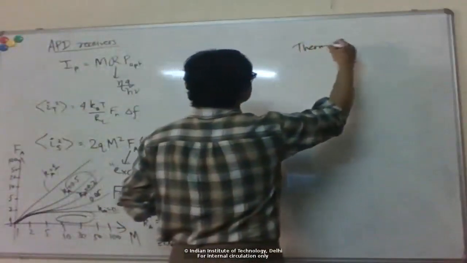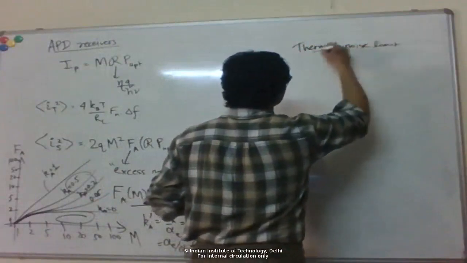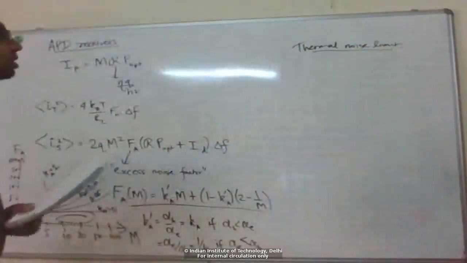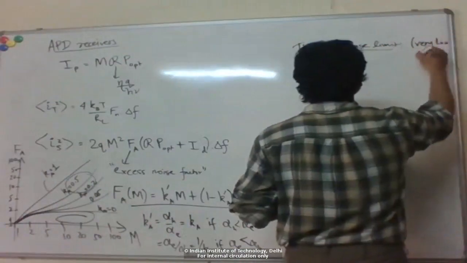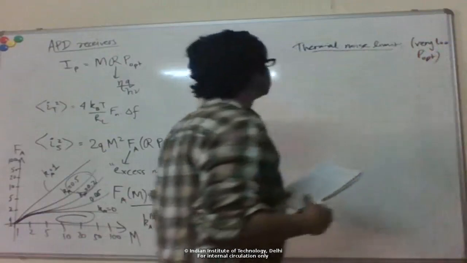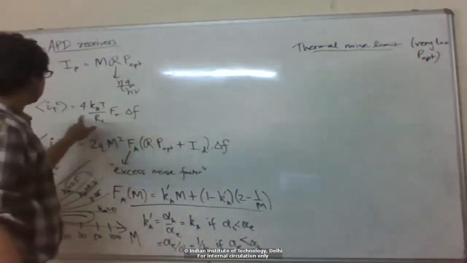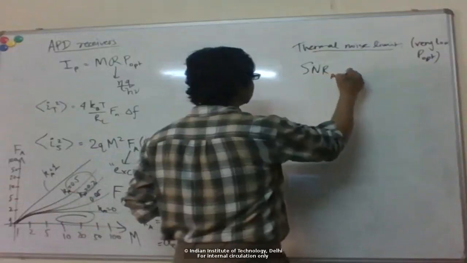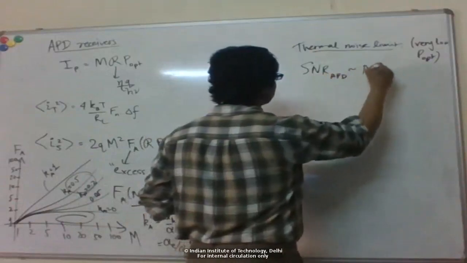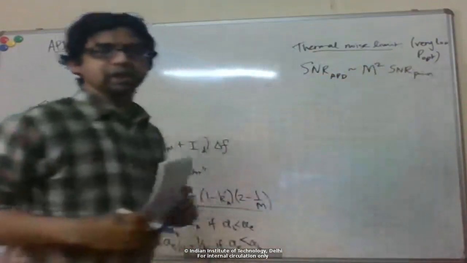Okay, so basically, to summarize, if you operate the APD at very low optical powers, such that you are still in the thermal noise limit, so this term is still lower than this, then basically the SNR that you get with the APD is enhanced by a factor of M squared with respect to the SNR that you get from the PIN photodetector, right?